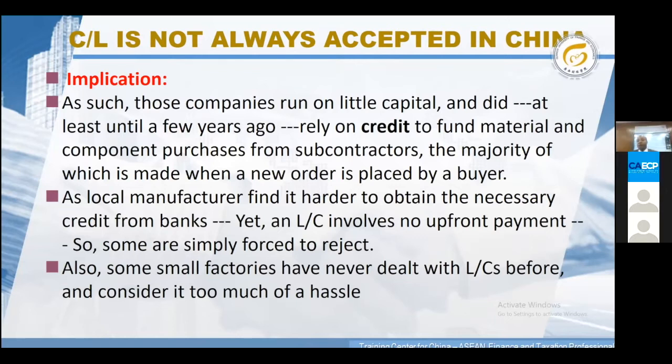Before shipping products, there are many expenses being covered. So as such, the companies run on little capital, and recently it has been changing. A lot of companies are coming out of that situation. So relying on a credit fund can be a little difficult for every company.